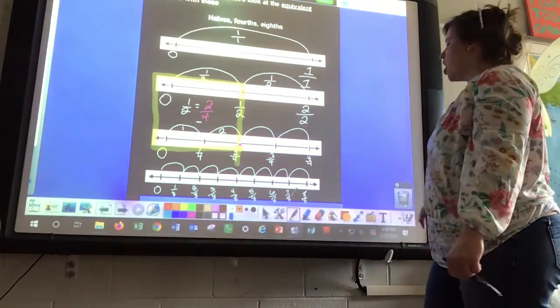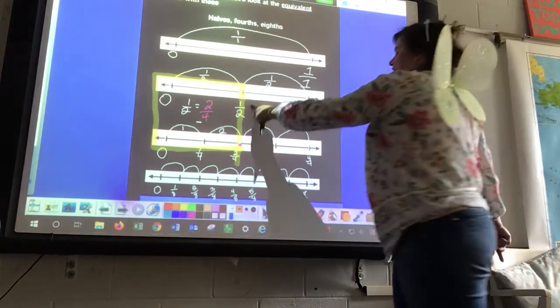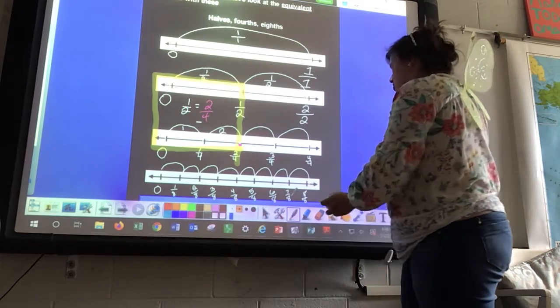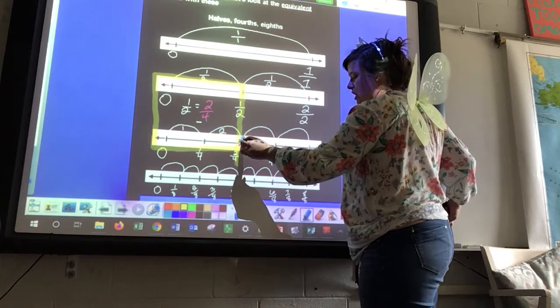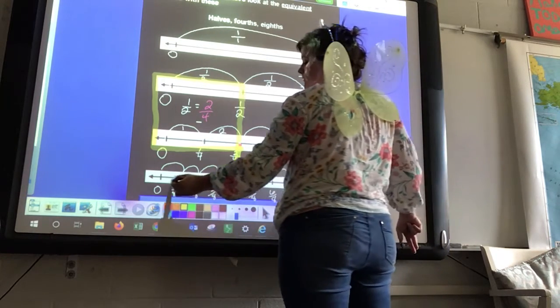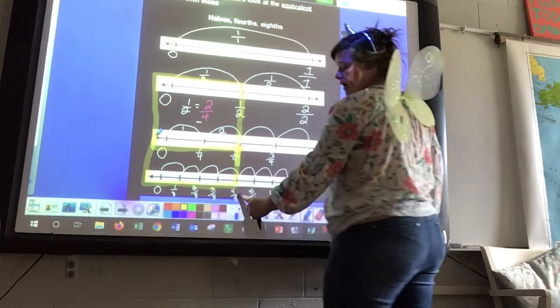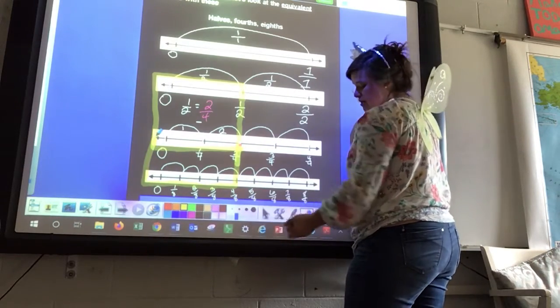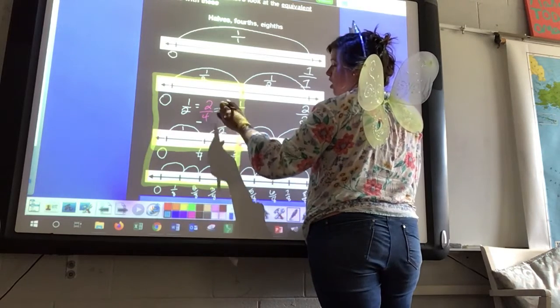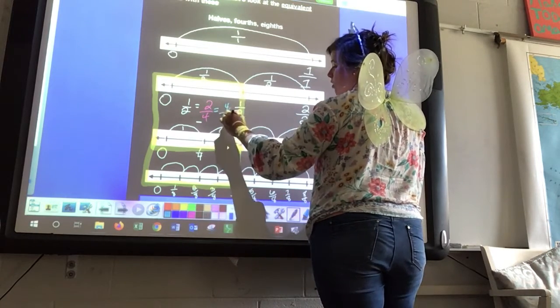Okay? All right. So a half, and then if we continue to see if we have these lined up correctly, we use my highlighter to just keep on going. Well, how many eighths are equivalent to a half? Okay, it's at 4. So then we can say 1/2 is equal to 2 fourths, which are also equivalent to 4 eighths.